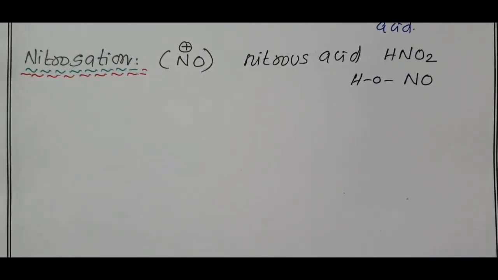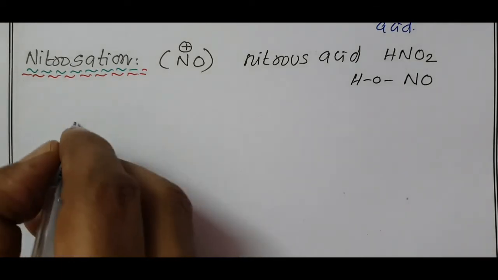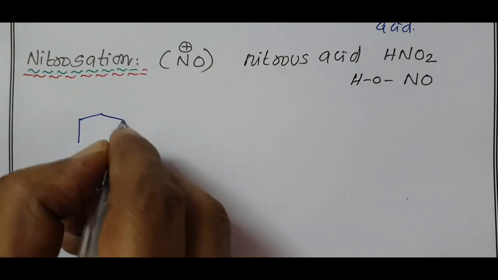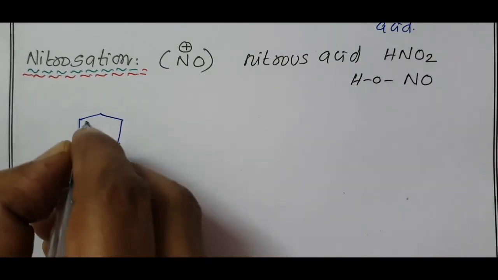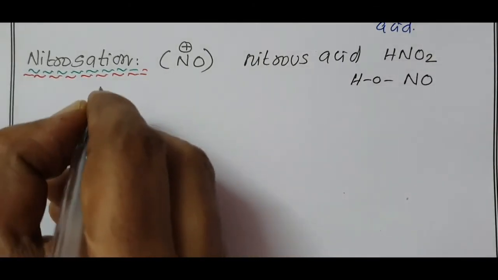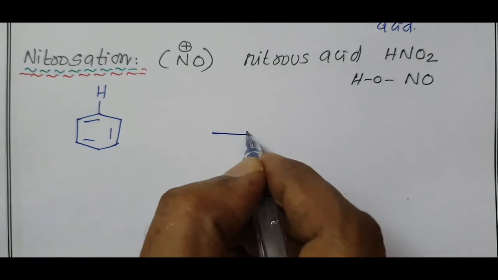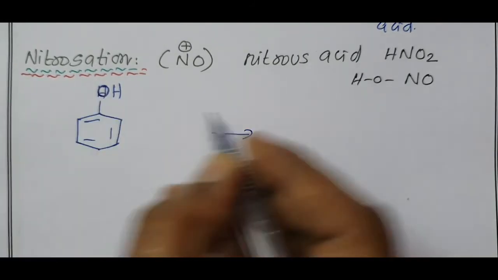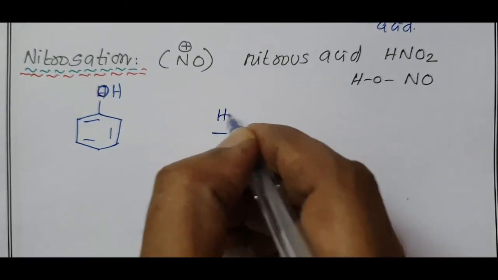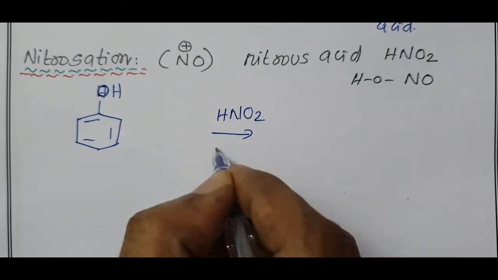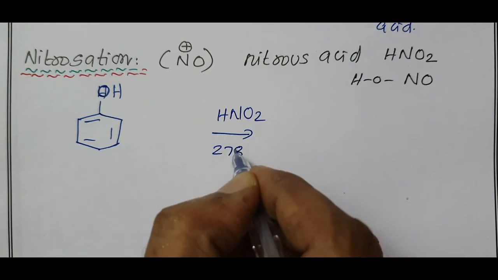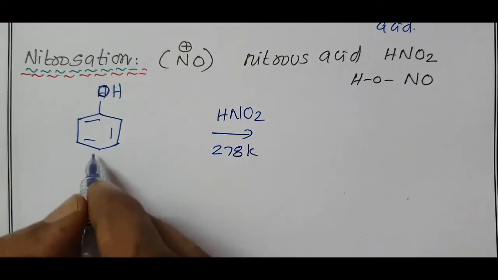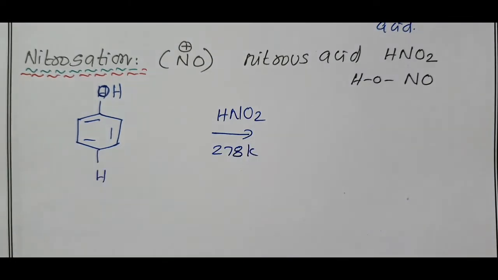Phenol undergoes nitrosation at the para carbon atom. C6H5OH, when treated with nitrous acid and heated to 278 Kelvin, one para hydrogen is separated.